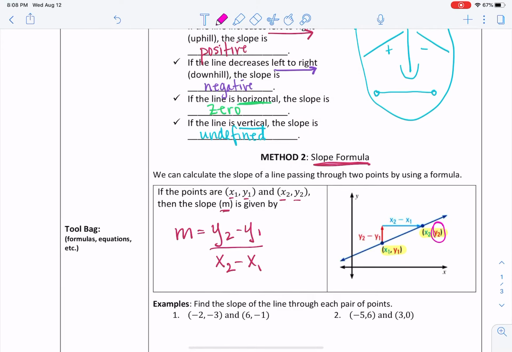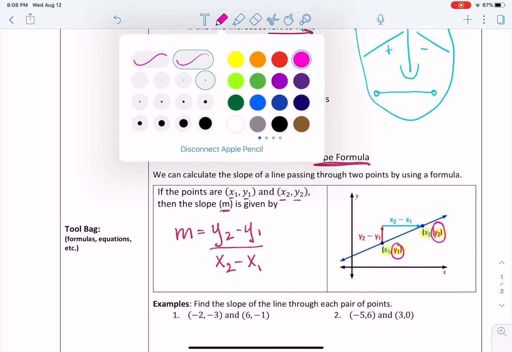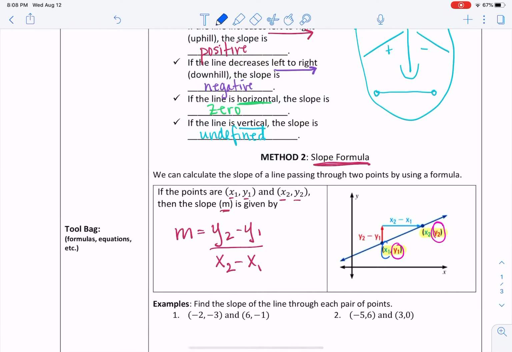Here's y2 and here's y1, and they both go right here. Order is really important. Notice that the y2 is first. That means that x2 must be first. So we have x1 and x2, and they have to go in this order, x2 minus x1, to plug them into the formula and get the slope based on the coordinates of the line.